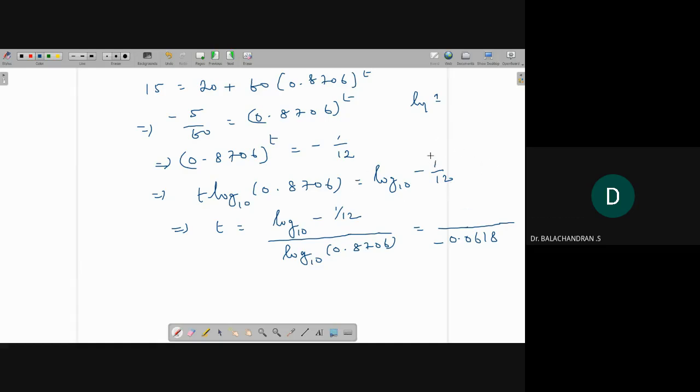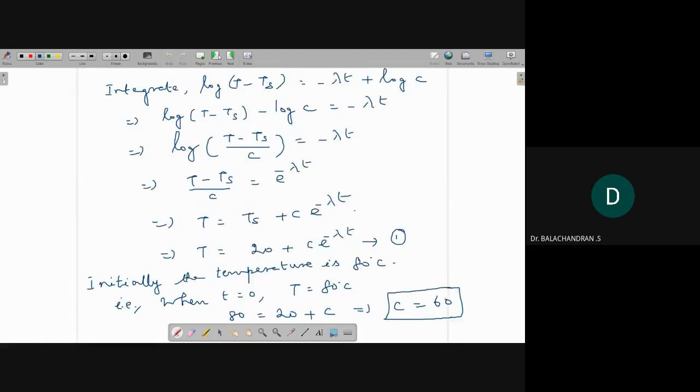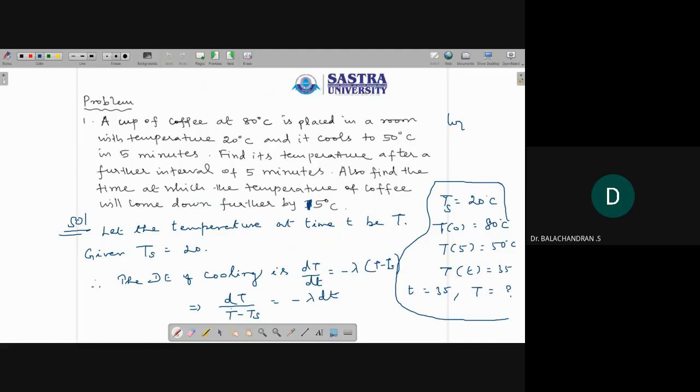Okay, so thank you for your try, but there is a problem in the question. Initially I thought 35 degree, but somebody told that what he says is correct, because find the time at which the temperature of coffee will come down by further 35 degree means it is 50.